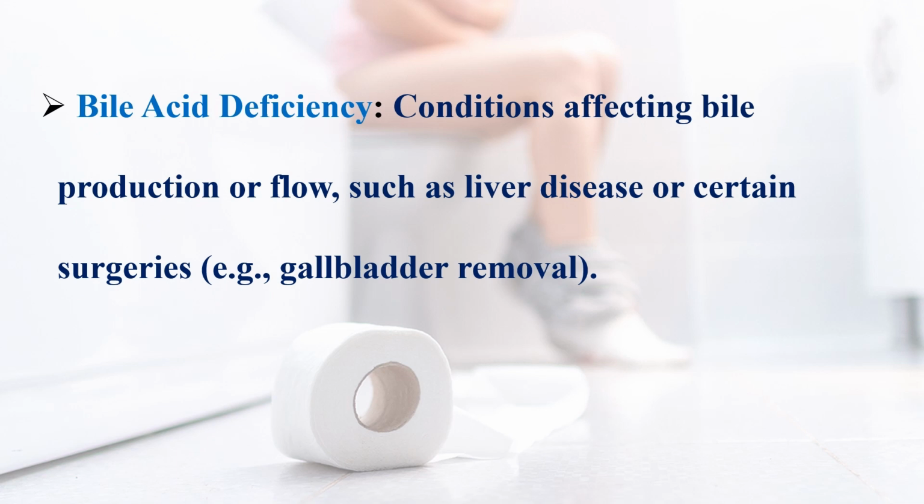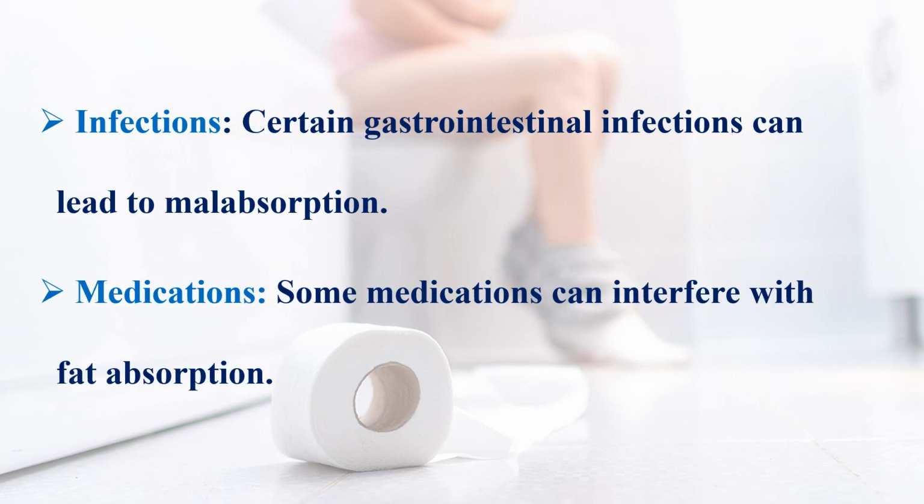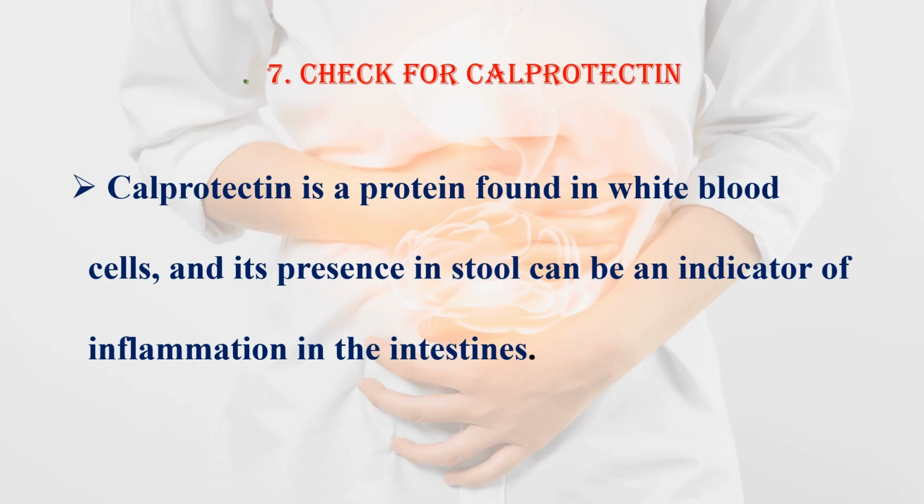Next one, bile acid deficiency, a condition affecting bile production or flow, such as liver disease or certain surgeries. Next one, infections. Certain gastrointestinal infections can lead to malabsorption, leading to fatty diarrhea. Next one, medications. Some medications can interfere with fat absorption.